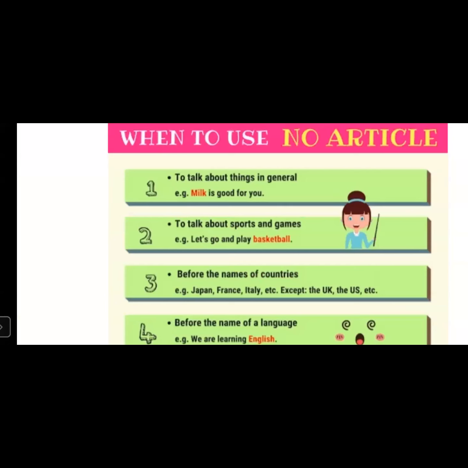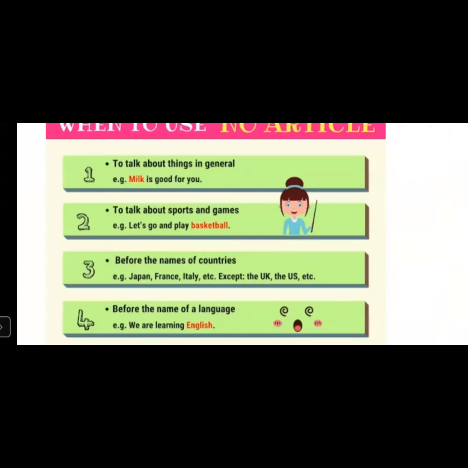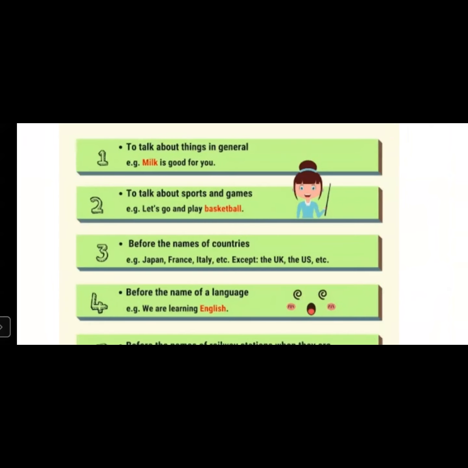Then when we talk about sports and games, for example, basketball or football or cricket, we are not using any article. Then before the names of countries, for example, the Japan, the France is not used, except for particular countries, where we are using the.